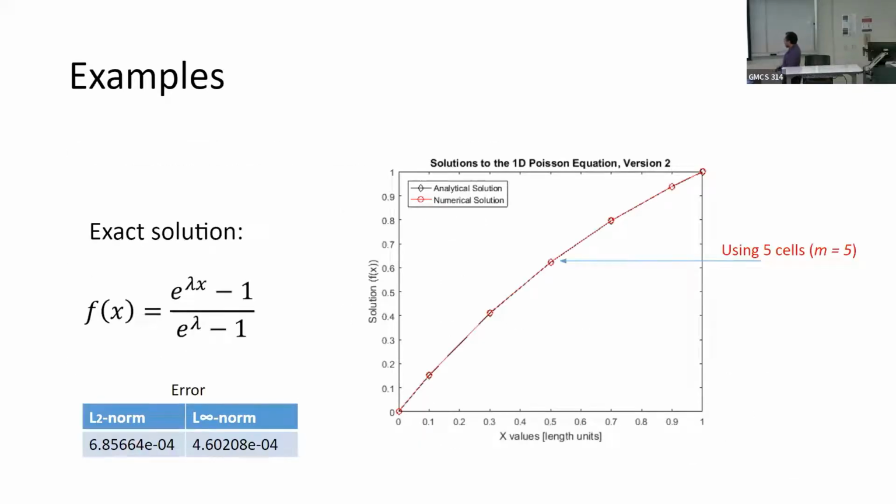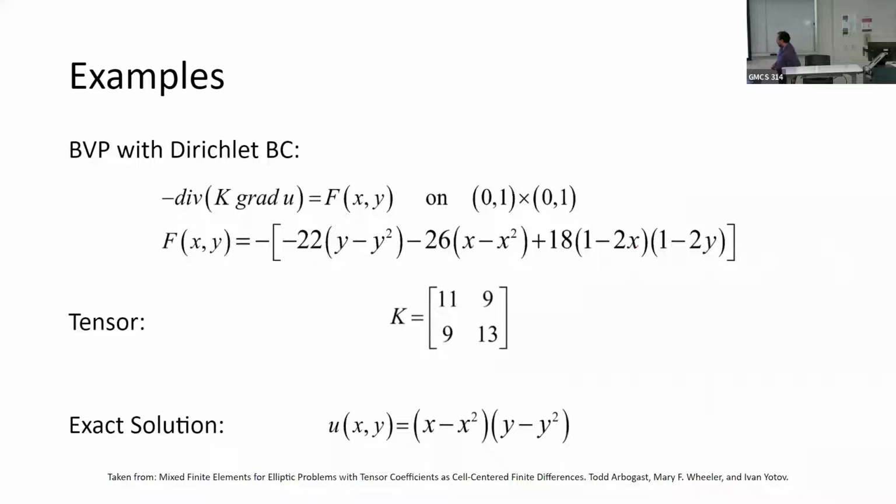Okay, so we know the solution in this case, and using 5 cells, this is the solution. I compared this with the support operator method, and we get 1 order of magnitude better. That's the solution. So I think that's okay.